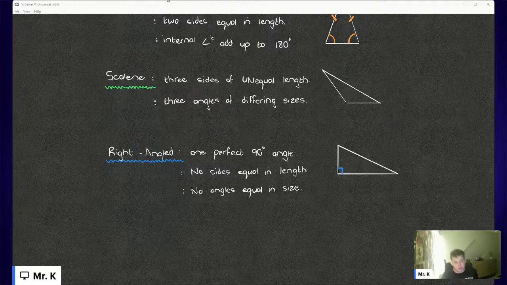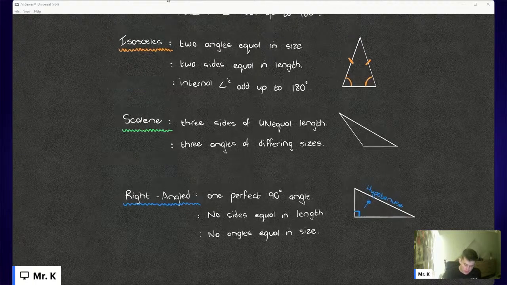That is impossible. All right? Okay. The side opposite our right angle is known as the hypotenuse. This is important for the theorem of Pythagoras and also for trigonometry next year, so make sure that you are comfortable with it.